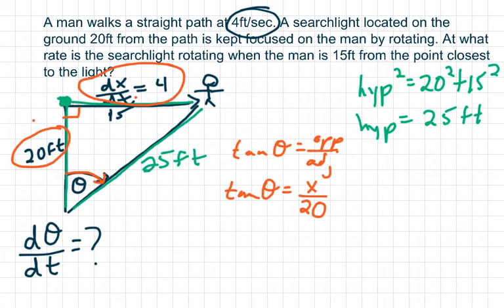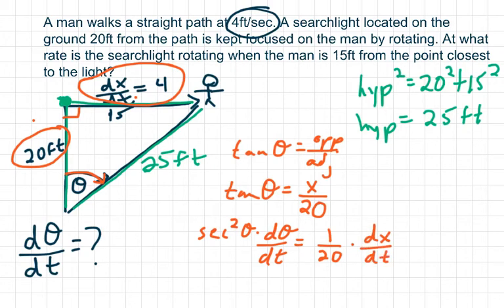So the derivative of tan theta is secant squared theta times d theta over dt. Well, that's equal to, the derivative of x is 1. So we're left with 1 over 20 times dx over dt. Well, that's even nicer because we don't even have to think about the 15 because it's not going to matter.